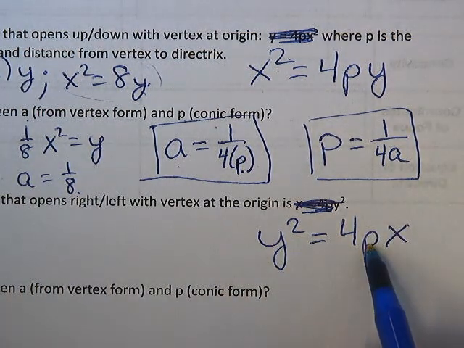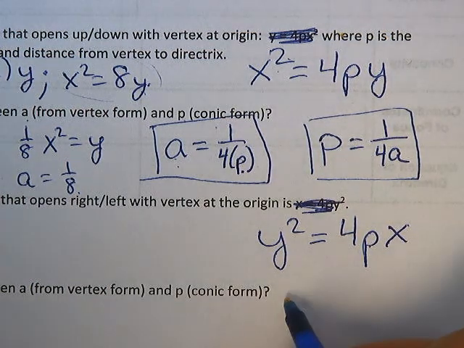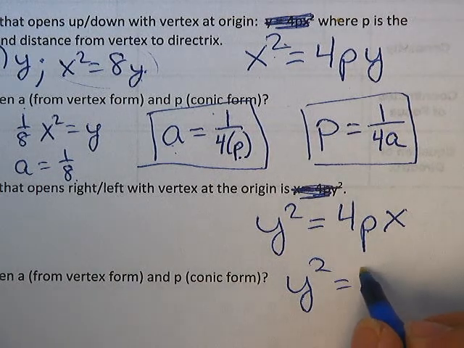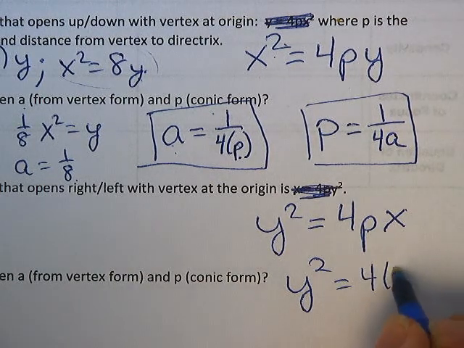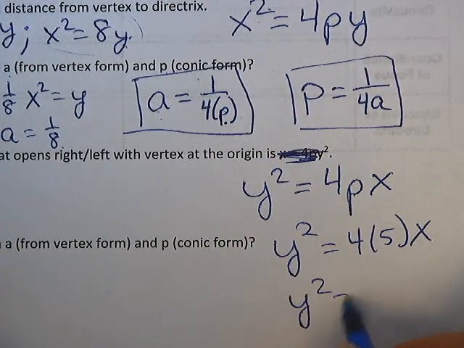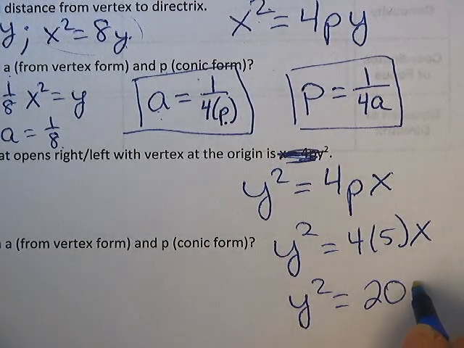So p in the parabola we just looked at above had a value of 5. So the equation for this parabola is y squared equals 4 times 5x, which of course simplifies to y squared equals 20x.